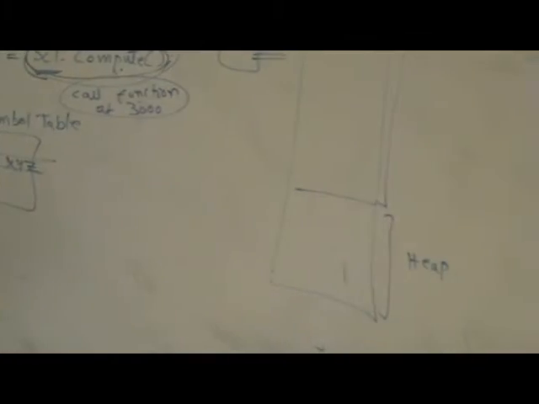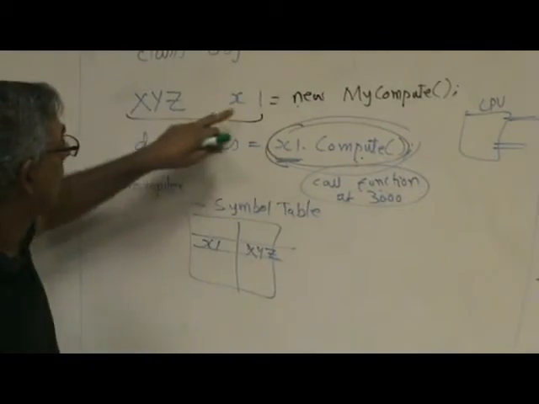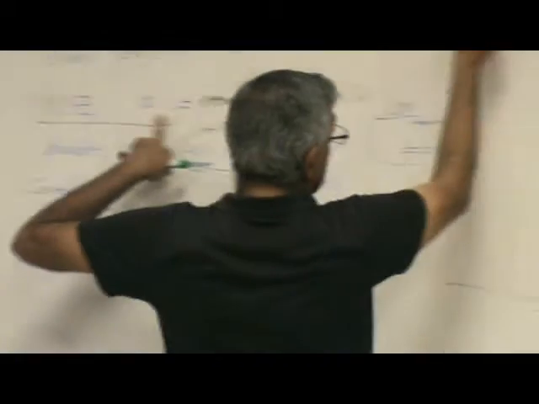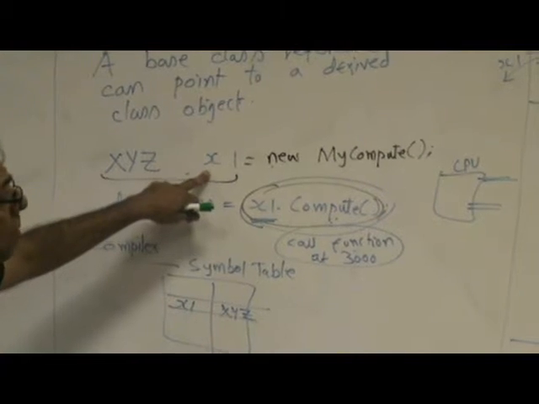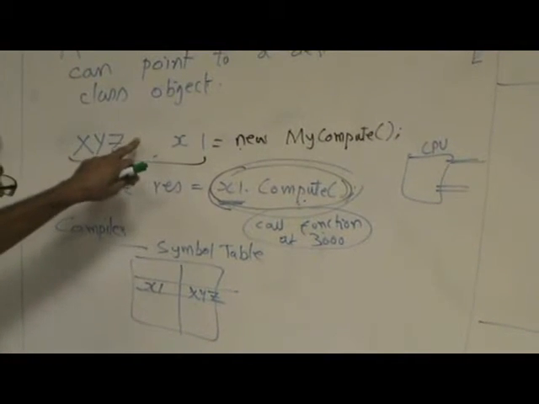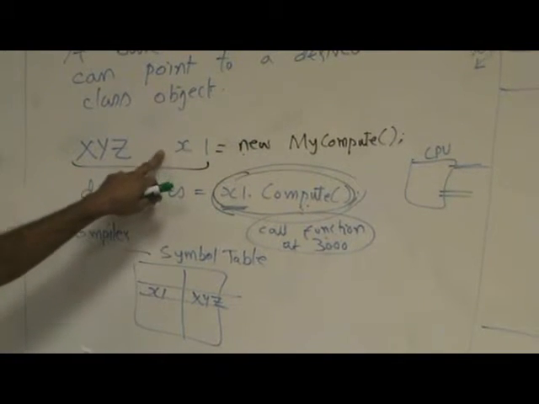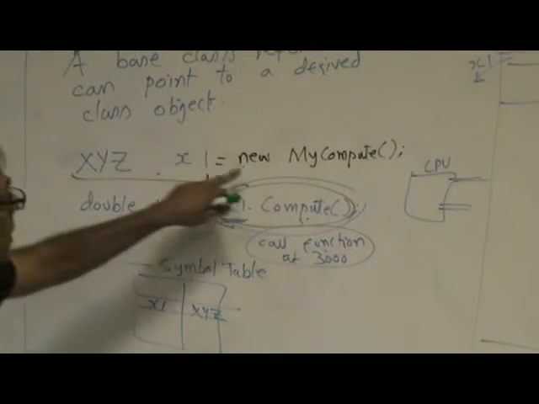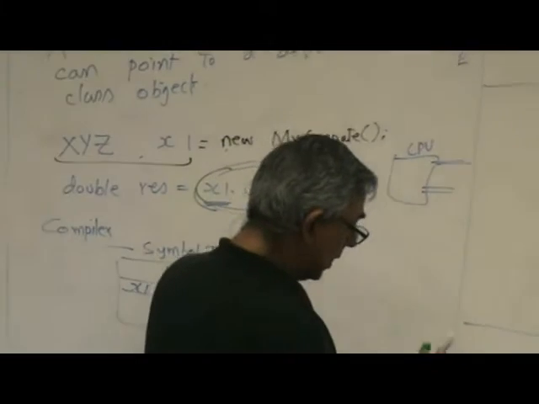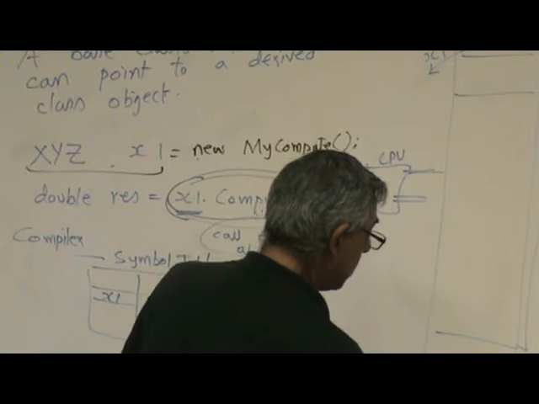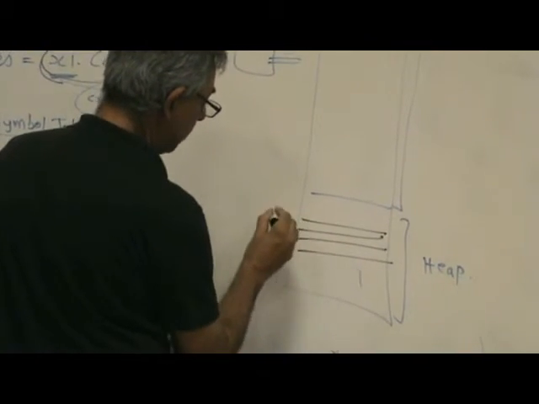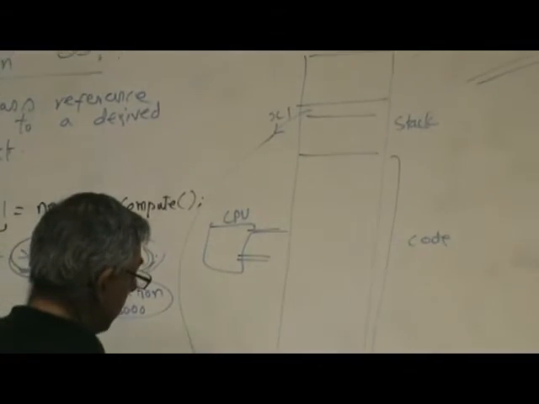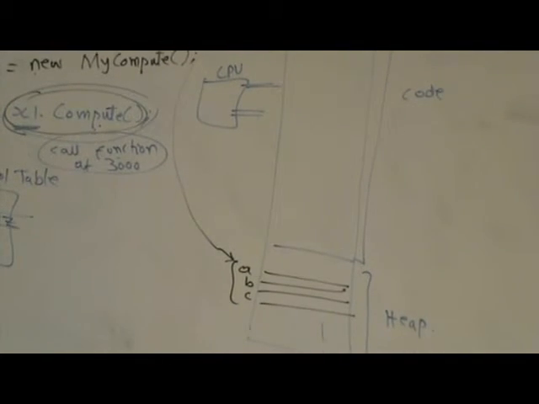Okay, so let's go through the same scenario. XYZ X1 will allocate X1, so we call this a reference. In C++, we will say XYZ star X1, so X1 will be a pointer, right? New my compute, as we discussed, will allocate how much memory? 3, A, B, C. Collectively, this will be pointing over here, right?